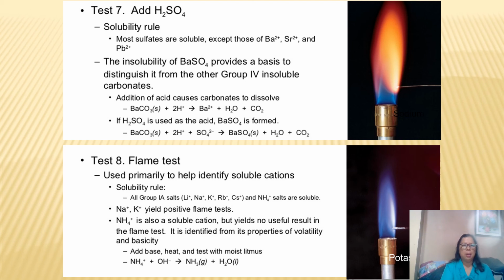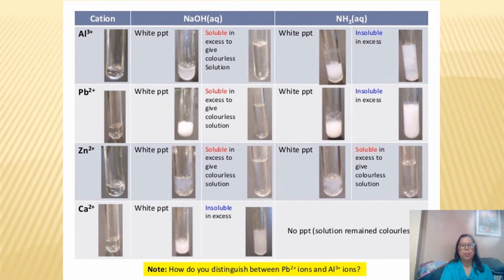It says here that ammonium is also a soluble cation but yields no useful result in the flame test. It is identified from its properties of volatility and basicity. For the others, you could use the flame test. This dark blue shows the presence of potassium, and here in this case, sodium. You will meet a lot of those.